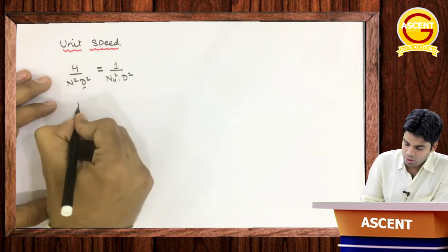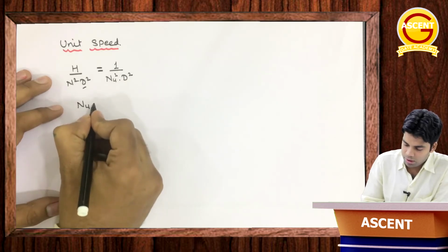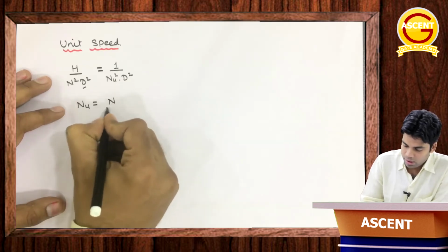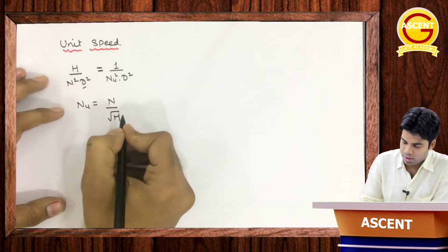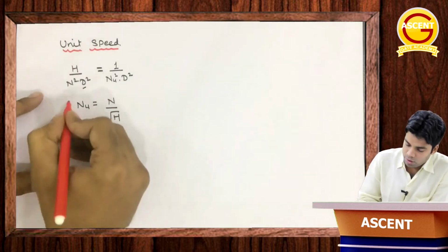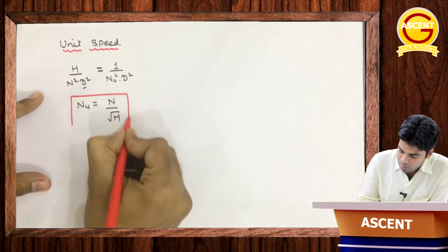Getting this or not? From here we can have unit speed, D square will get cancelled out, Nu is equal to N divided by root H. So the value of unit speed is N by root H.